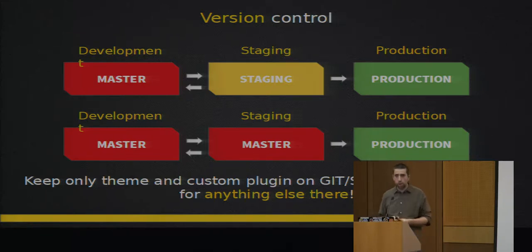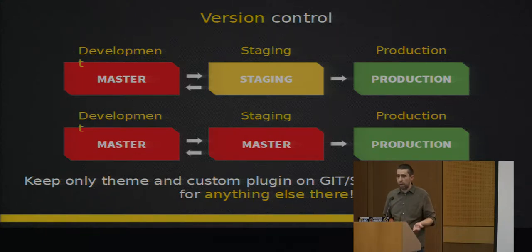And there is one thing that I saw in many WordPress projects that have some version control: people think that it is a good idea to keep all WordPress files in Subversion. Please don't do that. There is actually no need.